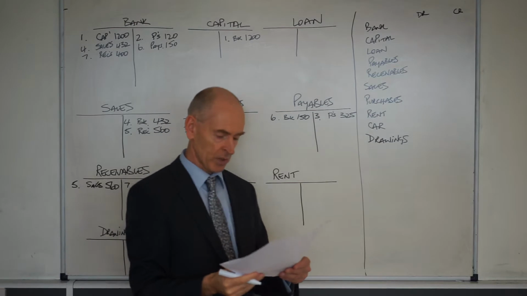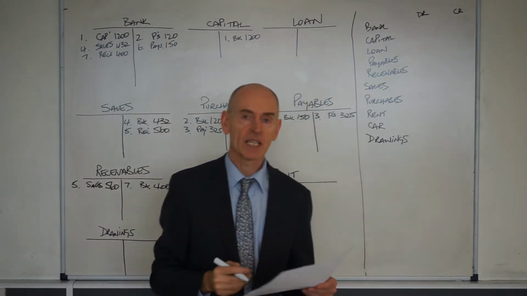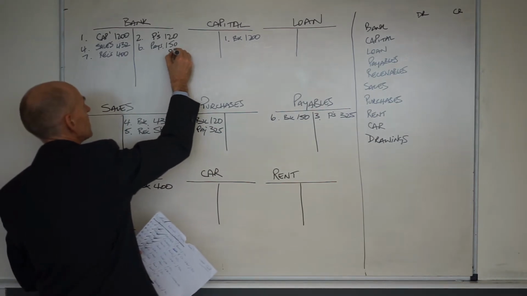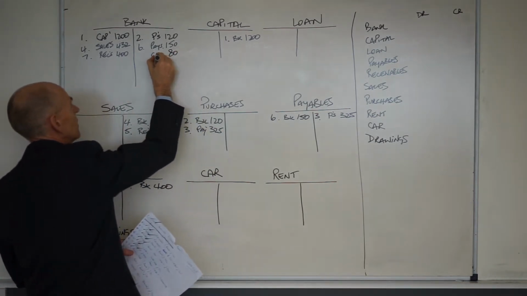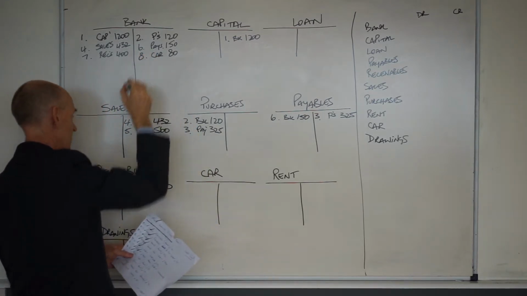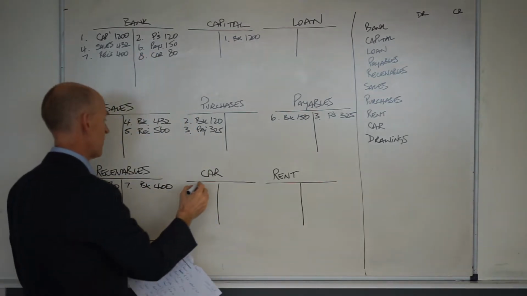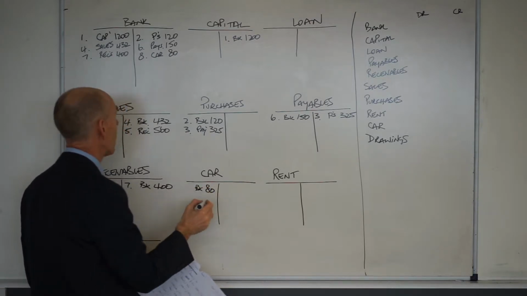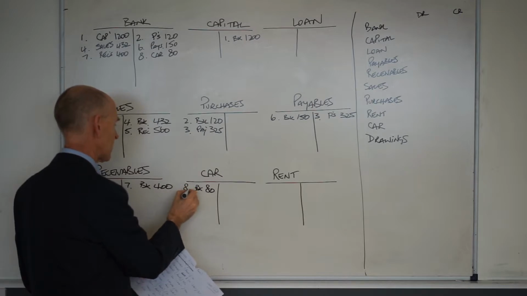Transaction number 8, we're going to buy a car using the bank for £80. So reduce asset of bank, hence it must be a credit, in favour of car, transaction 8, and car is an asset, £80, so bank transaction, and it's transaction number 8, so the 8s match up.